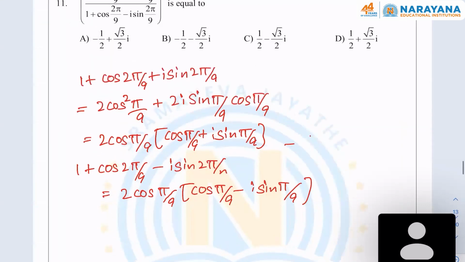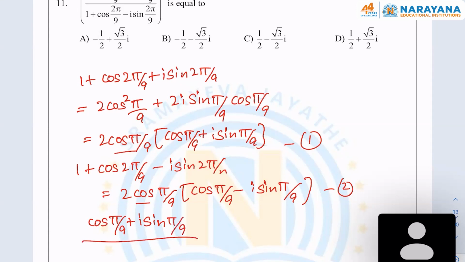So this is equation 1, equation 2 means 1 divided by 2. So what we are getting: the 2 cos pi by 9 and 2 cos pi by 9 get cancelled out, leaving (cos pi by 9 plus I sin pi by 9) by (cos pi by 9 minus I sin pi by 9).